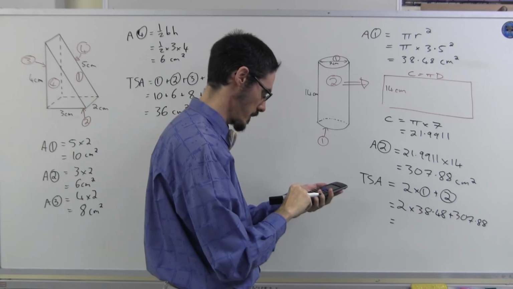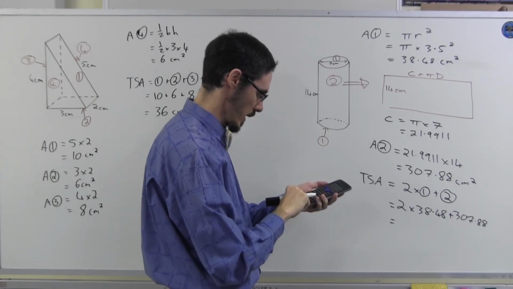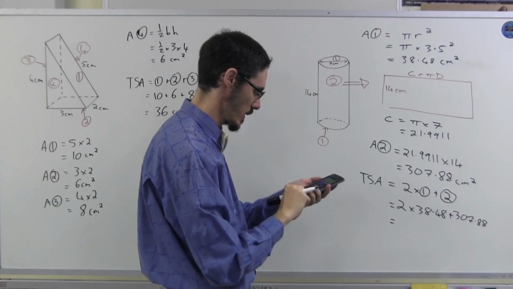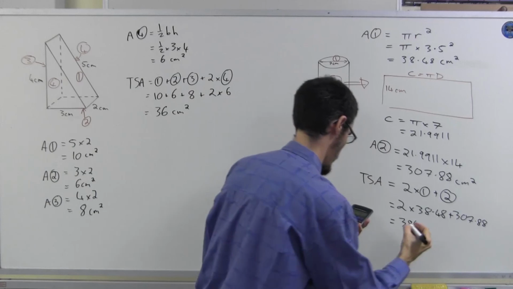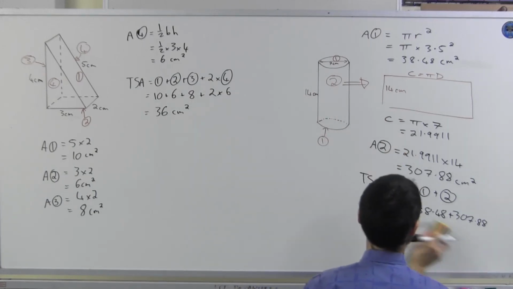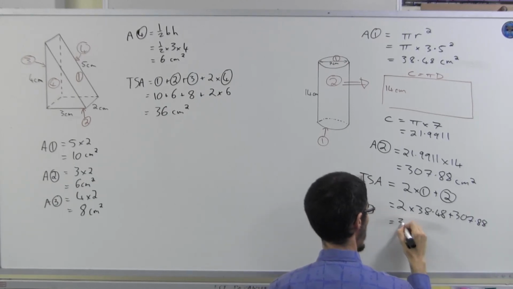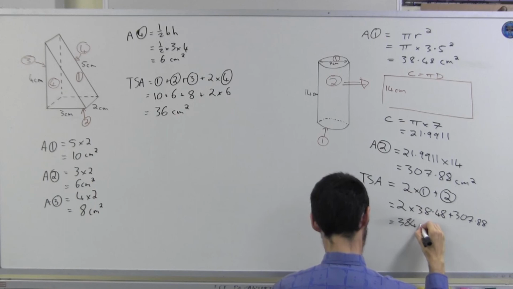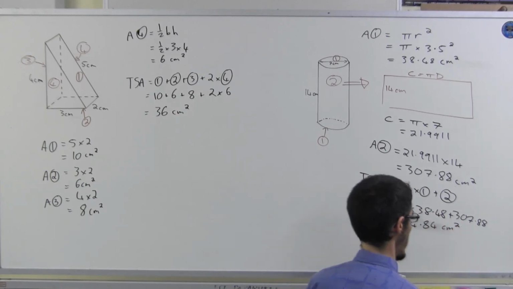Let's work that out. Plus 307.88 gives 384.8. That was messy. 384.84 square centimetres.